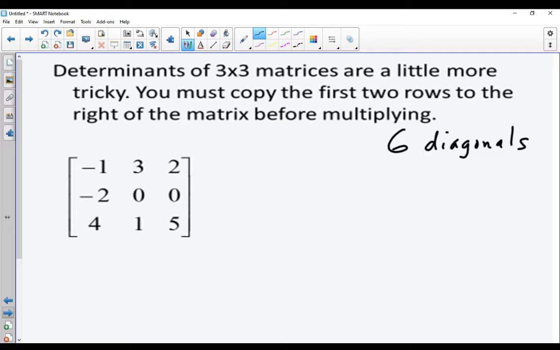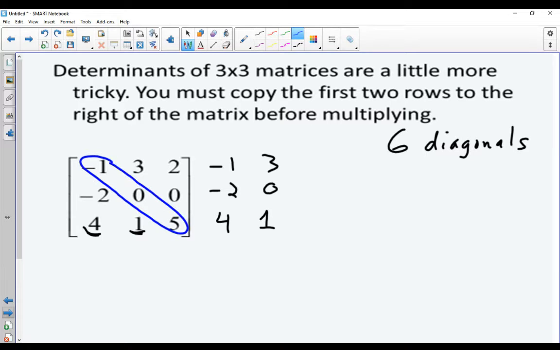What you're going to have to do is take the first 2 columns of your matrix and copy them off to the side. So -1, -2, 4, 3, 0, 1. And once you have that, then you would find your 6 diagonals.